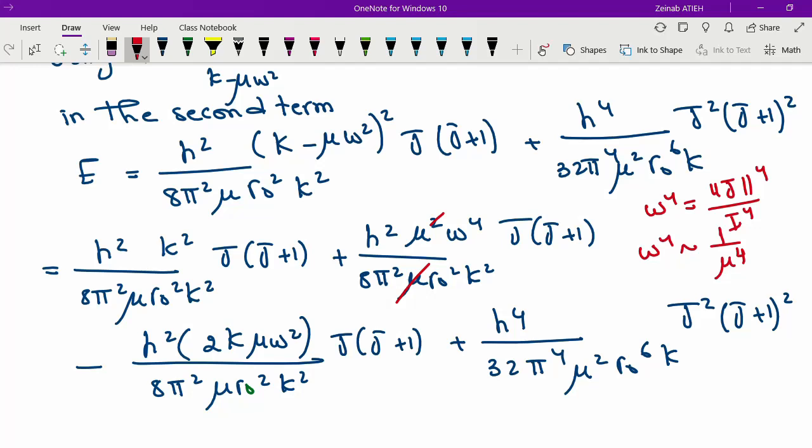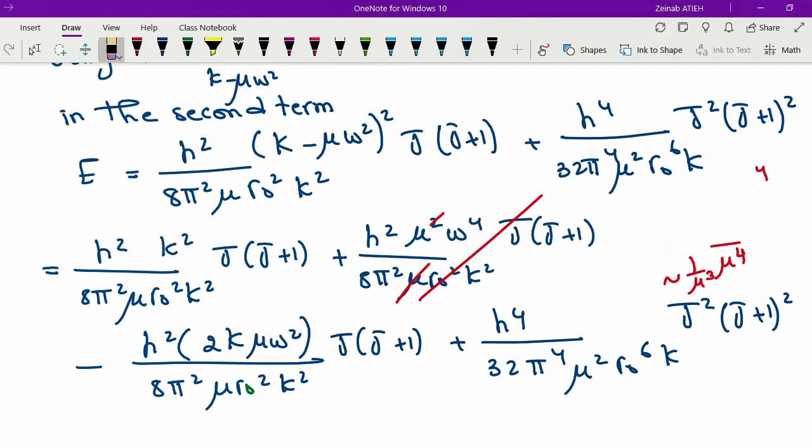Because it is multiplied by mu, mu omega to the power 4 will be proportional to 1 over mu cubed. In the end, the mu gives R0 squared twice, so this whole fraction, if I calculated it, gives 1 over R0 to the power 8, which is very, very small, so I can neglect this part. So all of this term will be neglected because it depends on 1 over R0 to the power 8, which is higher than R0 to the power 6. It's considered very, very small. I'll erase these.